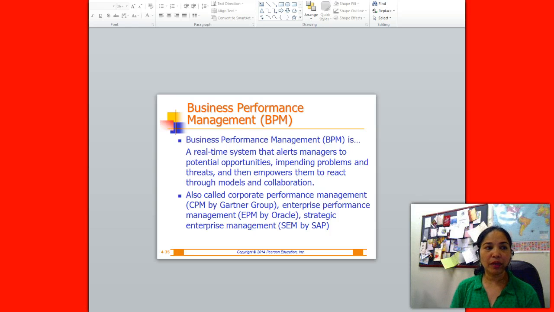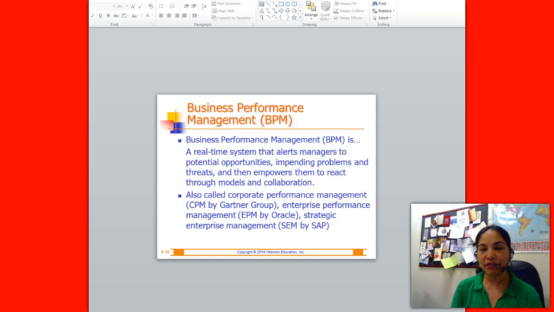Next, we will be talking about Business Performance Management or BPM. BPM refers to the processes, methodologies, metrics and technologies used by enterprises to measure, monitor and manage business performance. BPM is an outgrowth of business intelligence, and it incorporates many of business intelligence's technologies, applications and techniques.